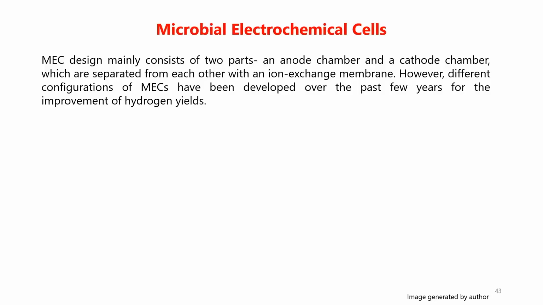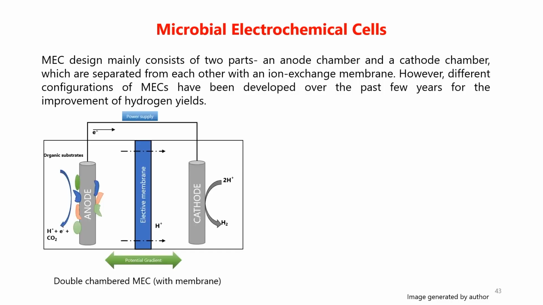Microbial electrolysis cells, in their design, mainly consist of two parts, an anode chamber and a cathode chamber, similar to the earlier case. These are separated from each other with an ion exchange membrane. However, different configurations of MECs have been developed over the past few years for the improvement of hydrogen yields.